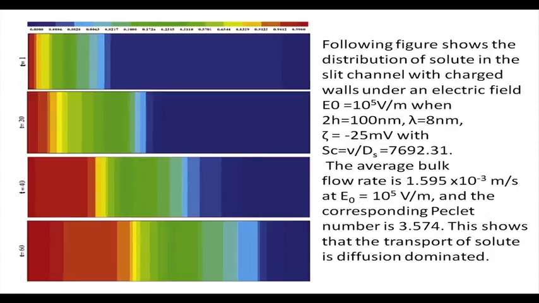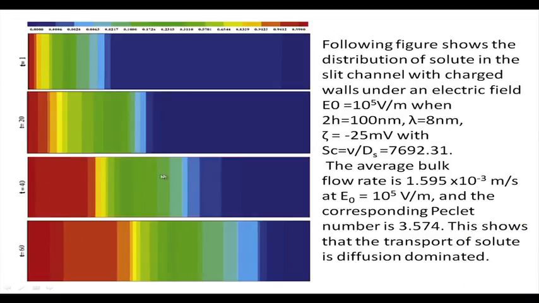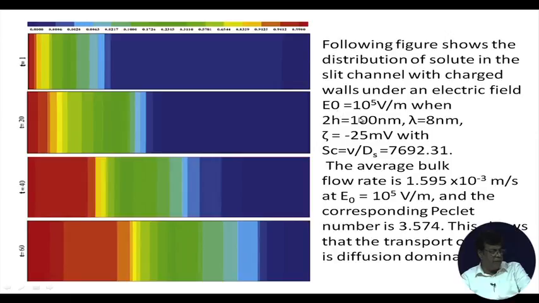And now if we solve, we get the distribution of the solute with time governed by this equation. Here we have taken the applied external electric field as 10 to the power 5 volt per meter, the height of the channel 2h as 100 nanometer, Debye length as 8 nanometer, and zeta as 25 millivolt.